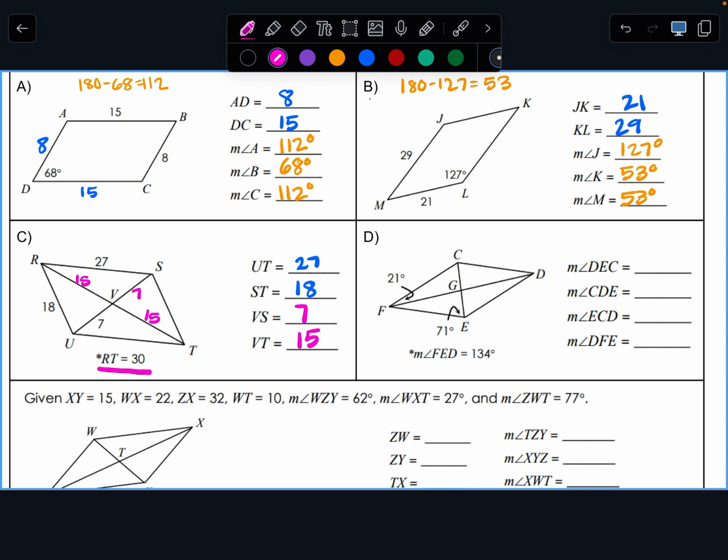Okay, example D, we're finding measures when the diagonals are given. So we have the measure of angle DEC. So we're trying to find this angle here, DEC.